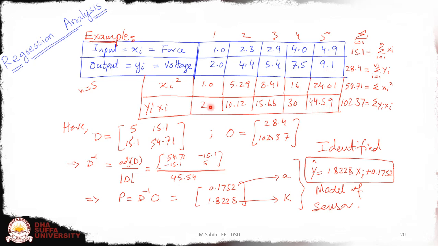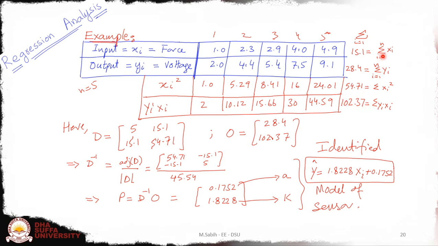This is y1x1, this is y2x2, this is y3x3, y4x4, and then y5x5. Now for the summation of yi xi, you add 2 plus 10.12 plus 15.66 plus 30 plus 44.59, and we get 102.37.